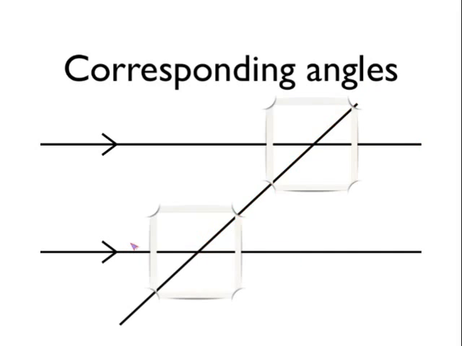Another different way to think of it, rather than looking for F shapes, and the method that I prefer, is to imagine that you take a picture of each of the points where the line crosses the parallel lines. The whole idea behind this is that for each picture they have to match up, they have to look exactly the same.